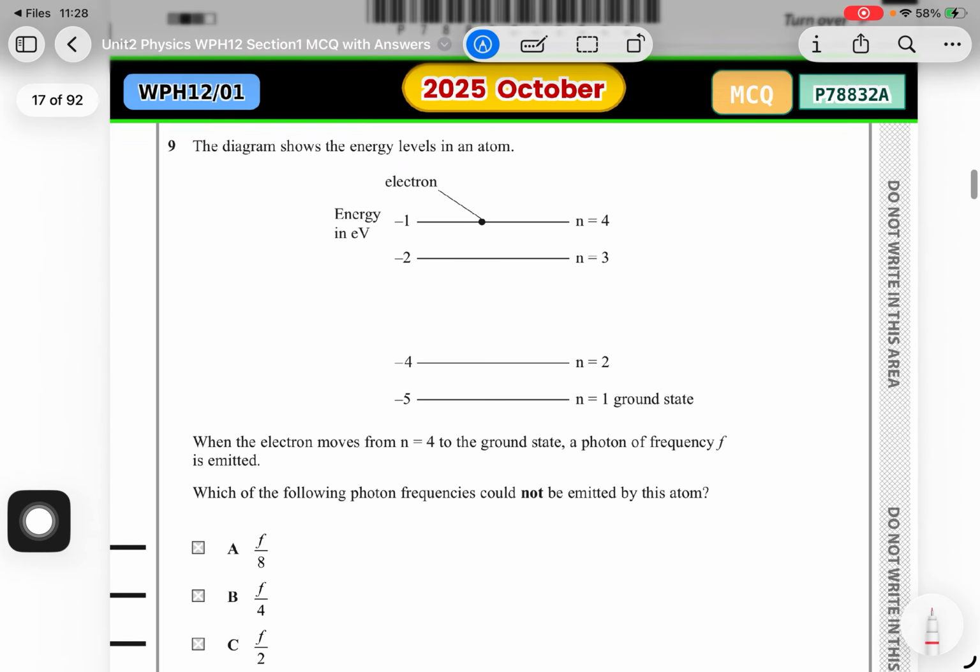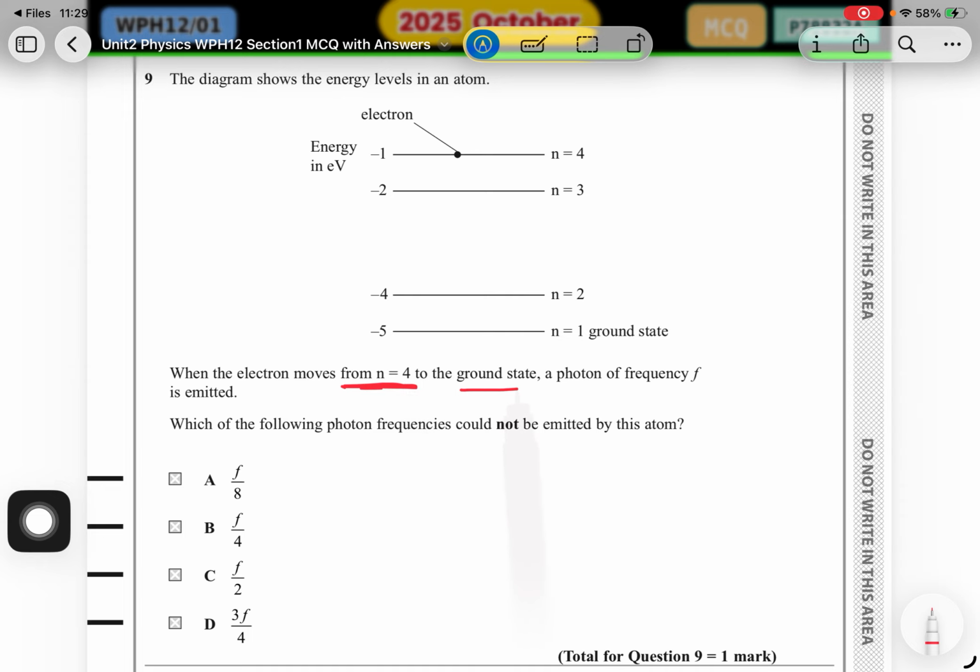Now question number 9. In question number 9, they are talking about the electron moving from n equals 4 to the ground state. When they are coming to the ground state, we can see the electron volt energy is going to be negative.